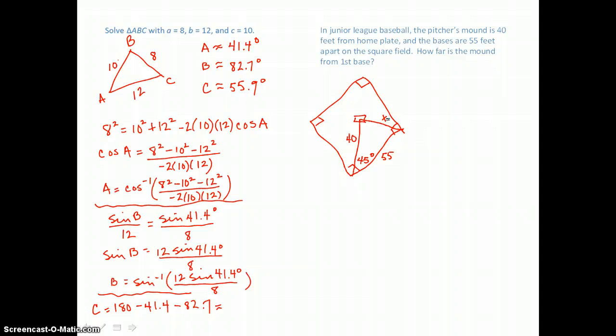We don't know a ratio, a side and the angle opposite it, so we need to use our law of cosines again. So that side that we're looking for, squared in this triangle, is equal to the other two sides squared, minus 2 times the product of those two sides times the cosine of that included angle, and it's 45 degrees. So again, we'll take the square root of both sides and use the positive value that we get.